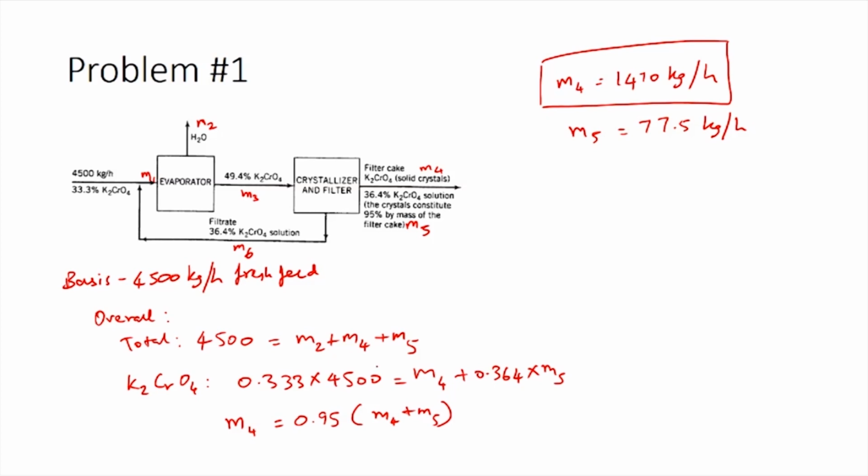Using the total mass balance which we had, we can calculate M2, which is the mass of water vapor leaving the evaporator, which is also the rate of evaporation. That value would be 4500 minus 1470 minus 77.5, giving you roughly a value of 2950 kilograms per hour.